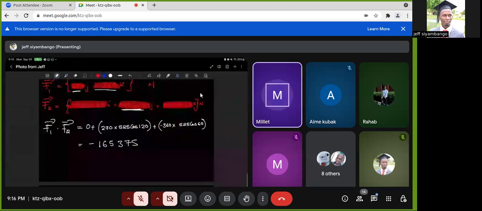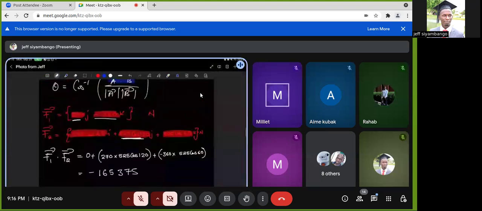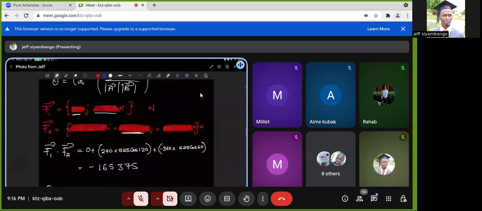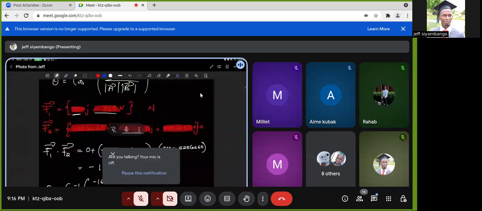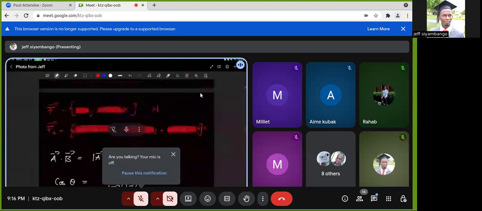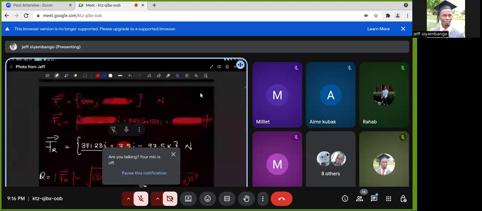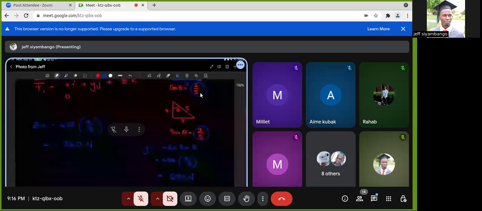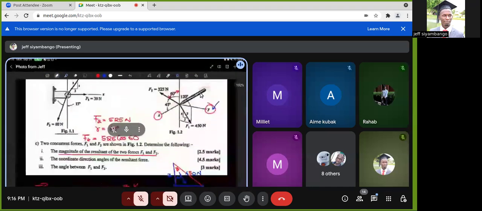Yeah. So now we can use our formula for the angle. It's cos inverse of the dot product, which is minus 165,375, divided by the product of their magnitudes. We don't have to start getting magnitudes, because we already had them.